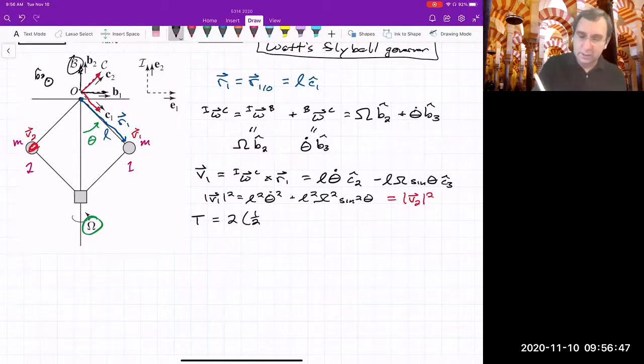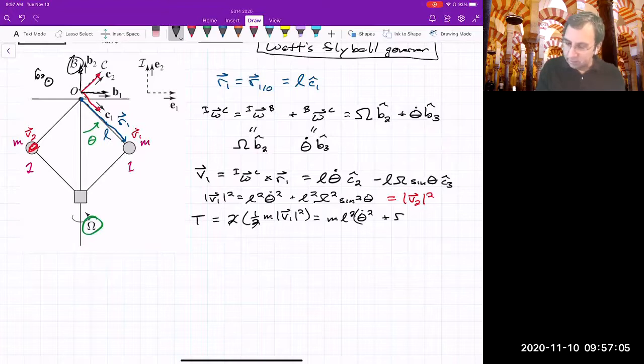Okay, so this will be twice 1/2 m V1 squared. Those cancel, so we're just left with m L squared theta dot squared plus L omega squared sine squared theta. So that's the total kinetic energy.